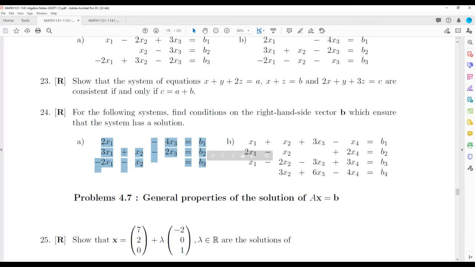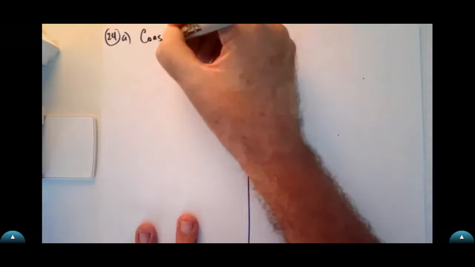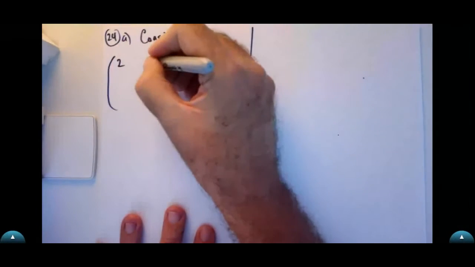So let's write this in matrix form, and we can do some analysis. This is 24. Let's consider the following linear system. All right, so this is the augmented matrix.